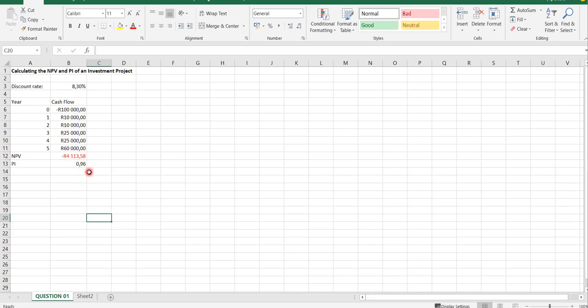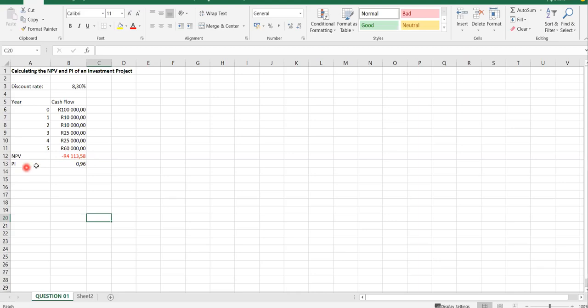Remember, we are dealing with capital project appraisal. There are quite a number of tools that we use to appraise a particular investment project. So here we are only mentioning 2 tools, the NPV and the PI. So if ever you get a negative NPV, then the investment is a bad investment.